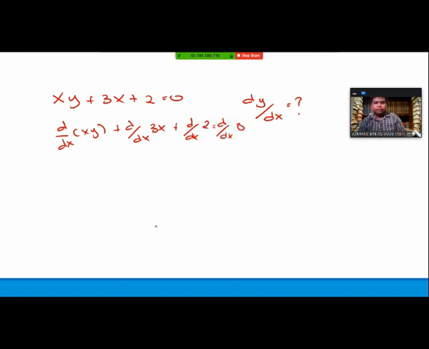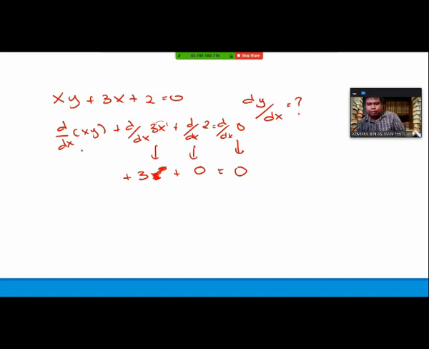Okay, so you know that differentiating 0 will become 0. Differentiating the constant 2 will become 0. Differentiating 3x will become 3. Okay, x is to the power of 1. 1 minus 1 is 0. And because the power moves to the front, but no need to put this one. Okay, just 3.